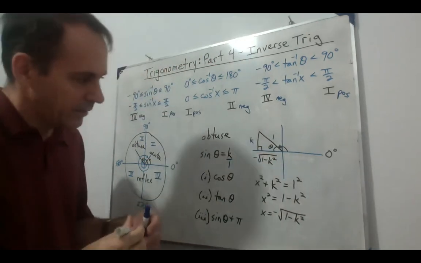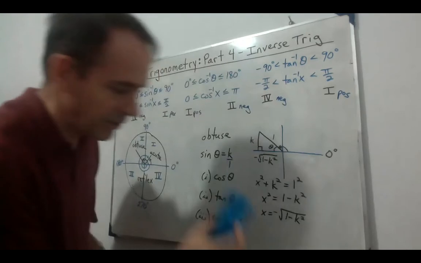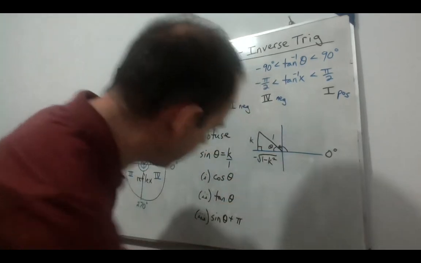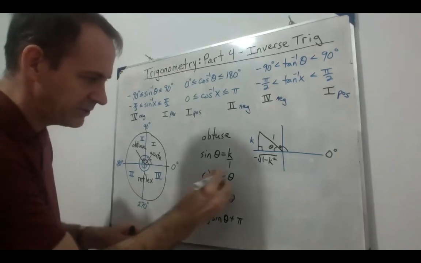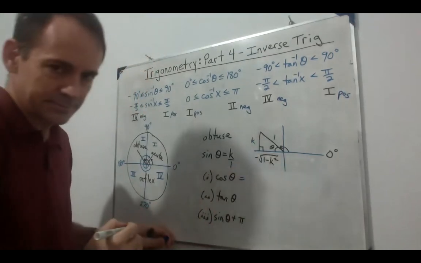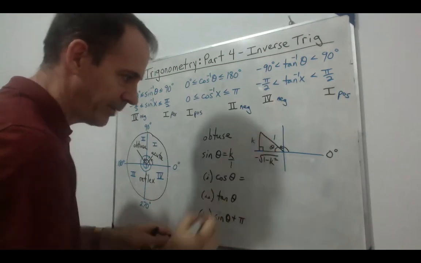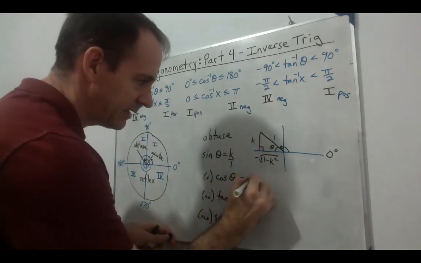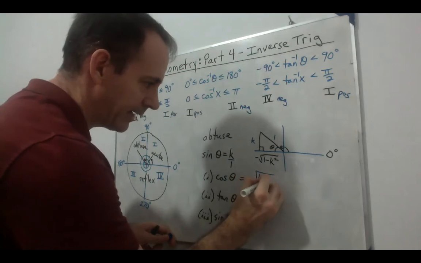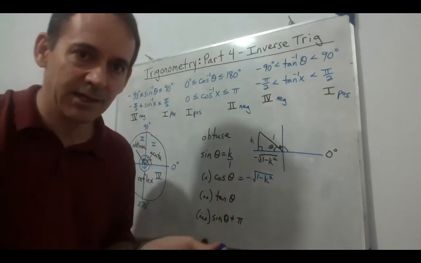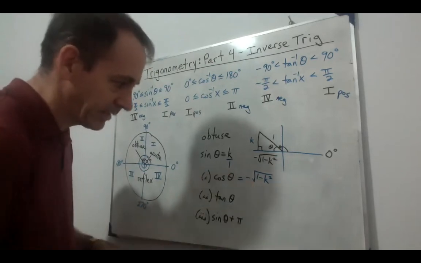Okay, so now I'm going to erase our algebraic work right here, and now we can answer our questions. Cosine theta. Well, cosine theta is adjacent over hypotenuse. So it's just a negative root 1 minus k squared over 1, but you don't really need the divide by 1. Same thing.